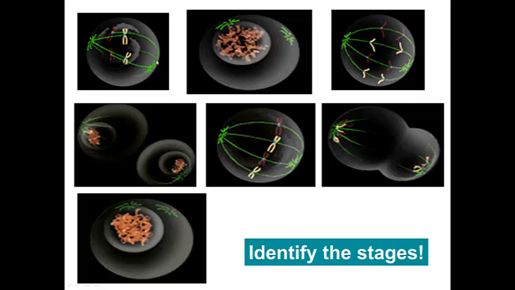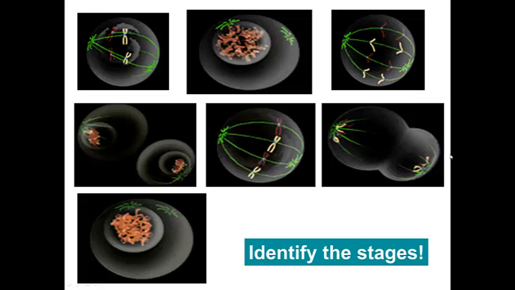Here you have a late prophase cell because they're not lined up like they are in metaphase. They're sort of pushing and pulling and trying to find the center here. Here you have those chromosomes that have reached the edge, and you have this invagination and cytokinesis starting to occur.